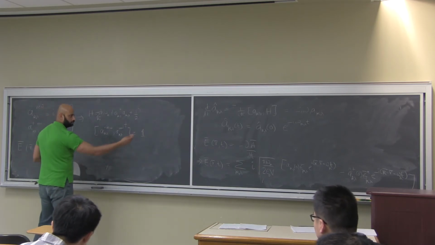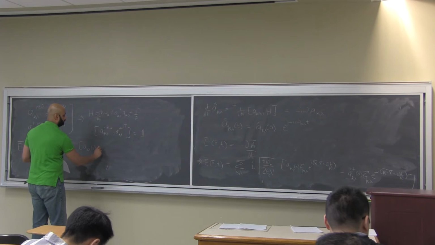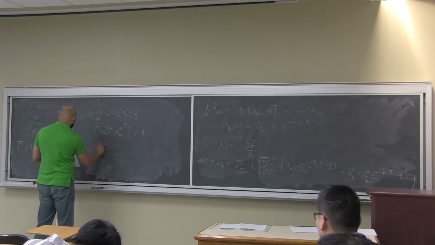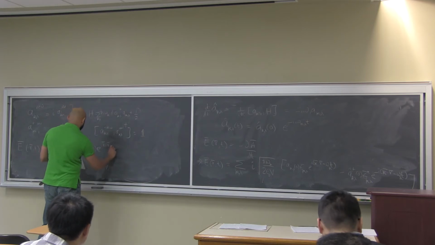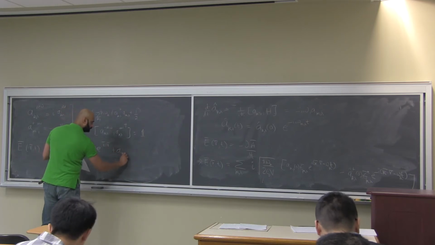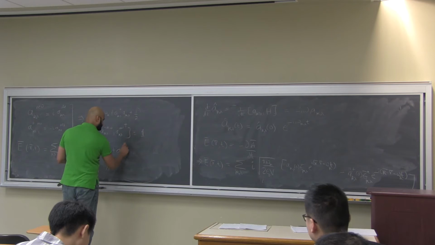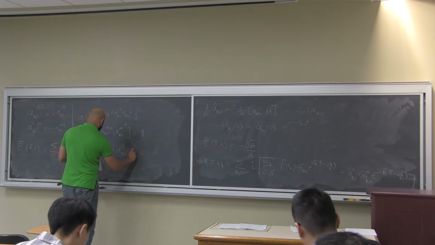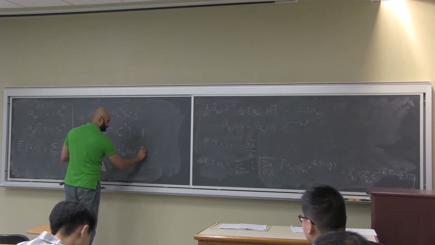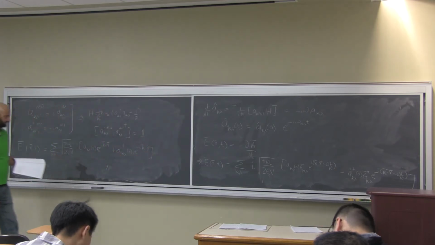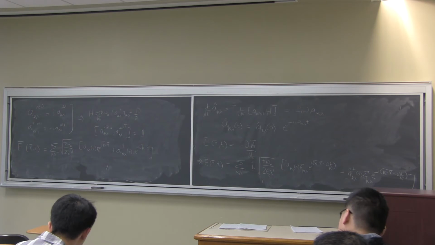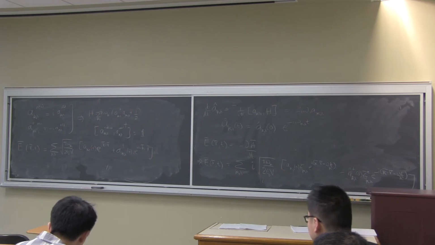I once again took the e to the i k·r, e to the minus iωt, into the variable definition for a_kλ of t, because as we'll see, there might be situations where the Hamiltonian isn't quite so simple and you may have some other dependence of a_kλ of t, but in general this should be our definition.